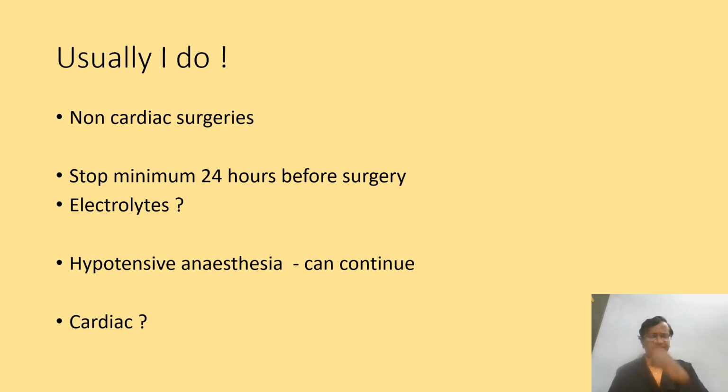There is one thing which I want to tell. Sometimes in FESS nasal surgery, we may need hypotensive anesthesia. There we can think of continuing the drug, because we want to suppress your RAS system slightly, or in the morning give half the dose. This is my practice, so that your hypotensive anesthesia will be more efficient. You need not give so many drugs.